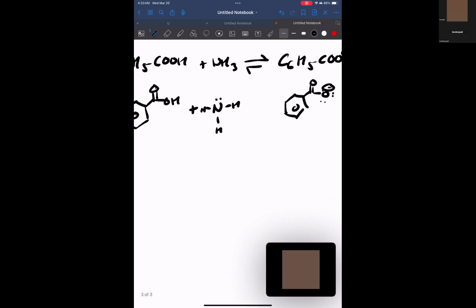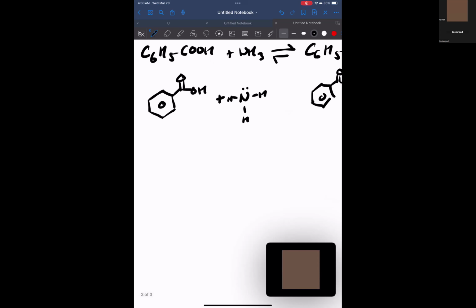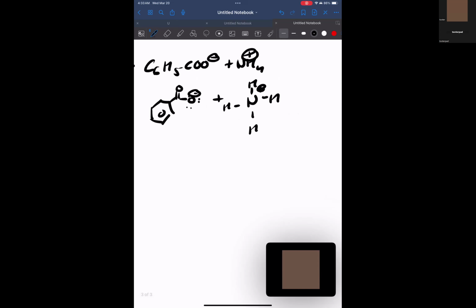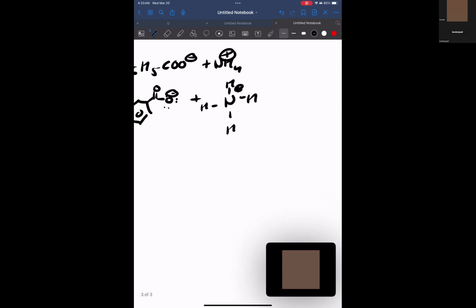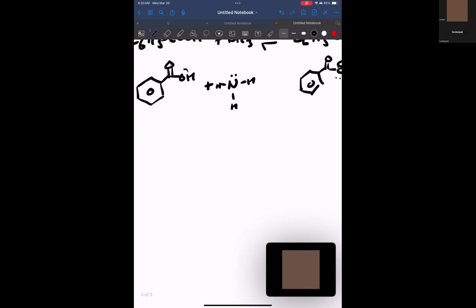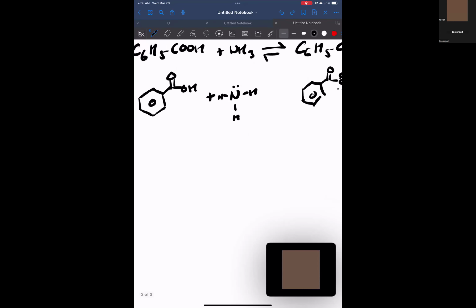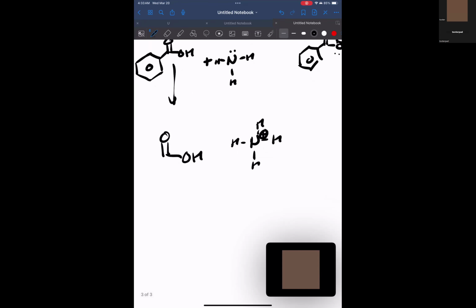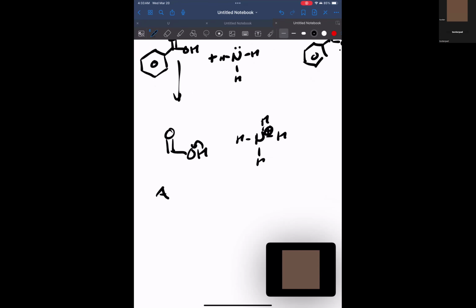So of course you can always just look at the pKa. Clearly this carboxylic acid is a lot more acidic than the ammonium. This ammonium is bonded to a nitrogen, which means it is going to be less acidic, because this is bonded to oxygen here. So let's zoom in right here real quick. Comparing the acidity of these two compounds, we can see that this hydrogen is bonded to this oxygen here.